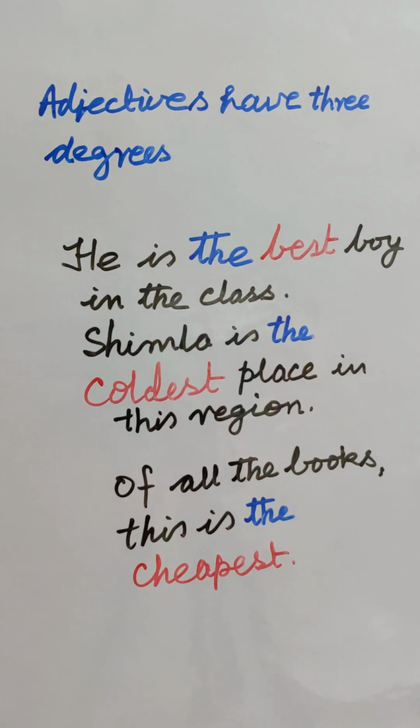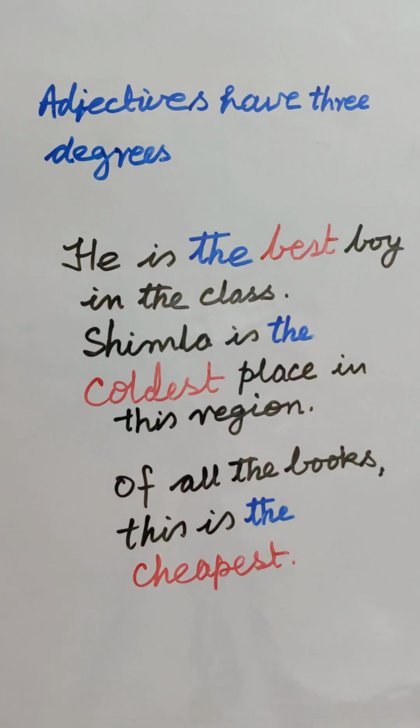Shimla is the oldest place in this region. The word the is used before adjective oldest. And so, of all the books, this book is the cheapest. Word the is used before the adjective cheapest.